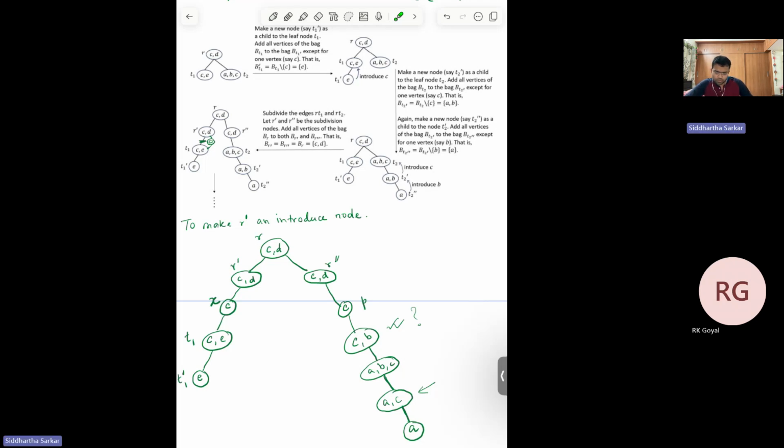One could also find a different thing. For example, let us say instead of C, if I had introduced B here, that will also do, isn't it?